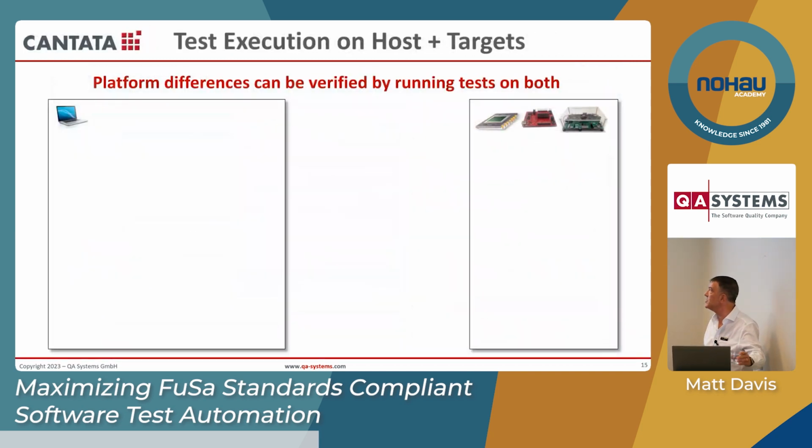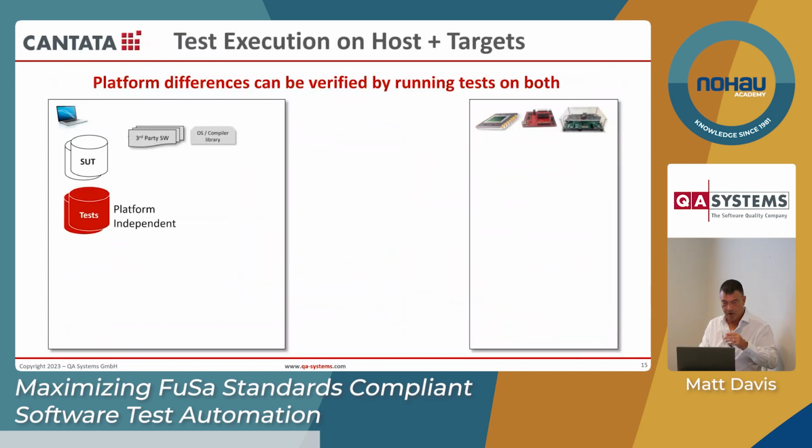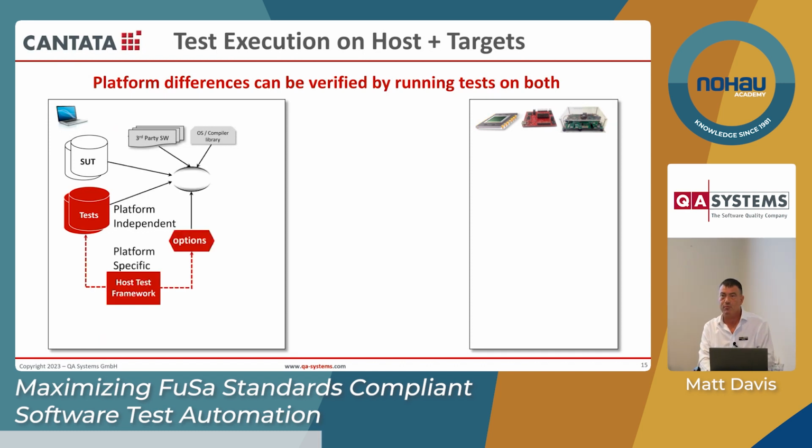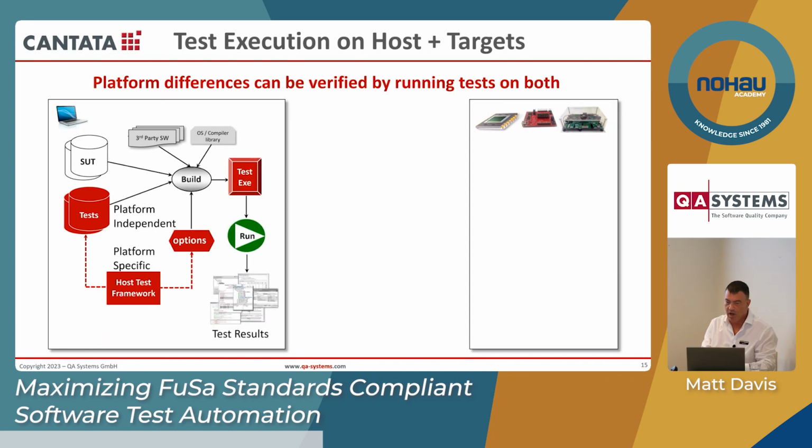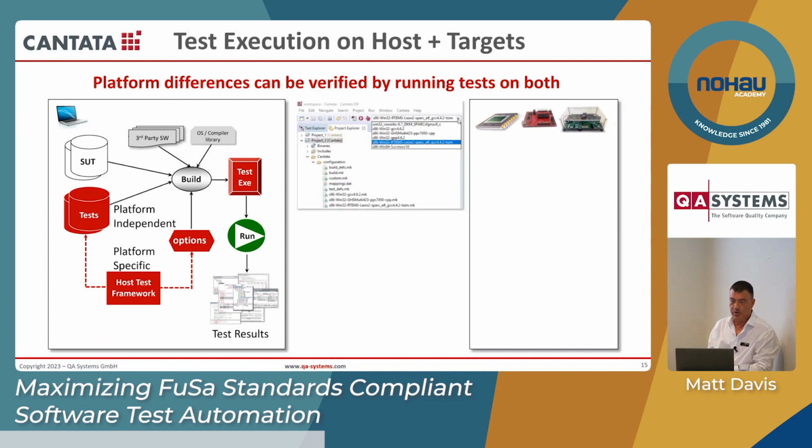Some platform differences can be verified by running tests on both or multiple targets. In this case, I've got my platform independent test. I'm going to pull in a host test framework, so I may be running GCC on my Windows machine or a Linux box. And I'm basically running the tests entirely on the host, getting the results locally. But I might also want to take the same tests, choose a different configuration.